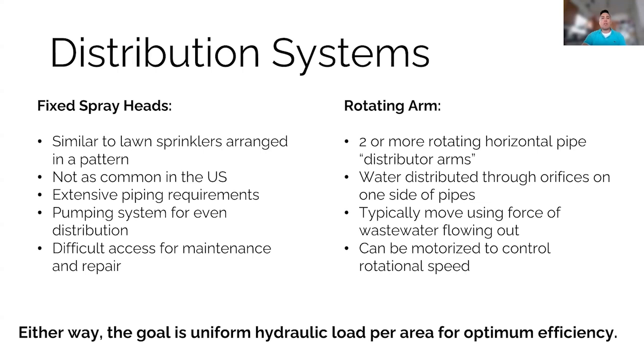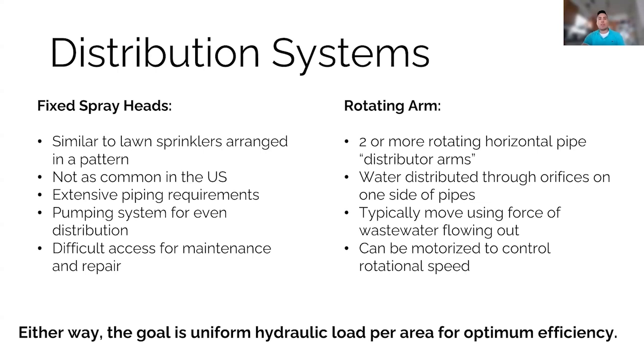Then we also have a rotating distribution arm. The rotating distribution arm will have two or more horizontal pipes attached to an arm, and the water distributes through orifices on one side of the pipe. So the water will be on one side of the pipe, all the same side on each distribution arm. Typically, this is moved using force from that water distributing out of that side of the pipe.